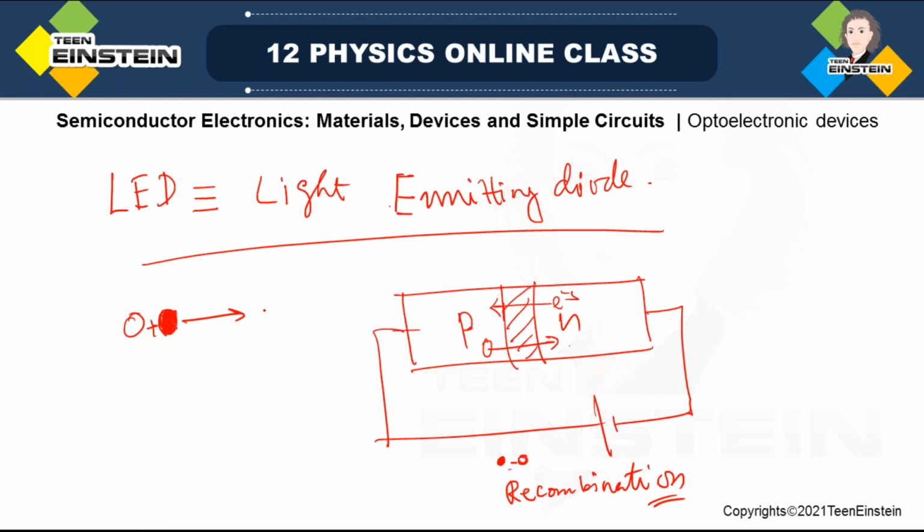In place of this electron and hole pair there will be emission of energy in terms of photon.